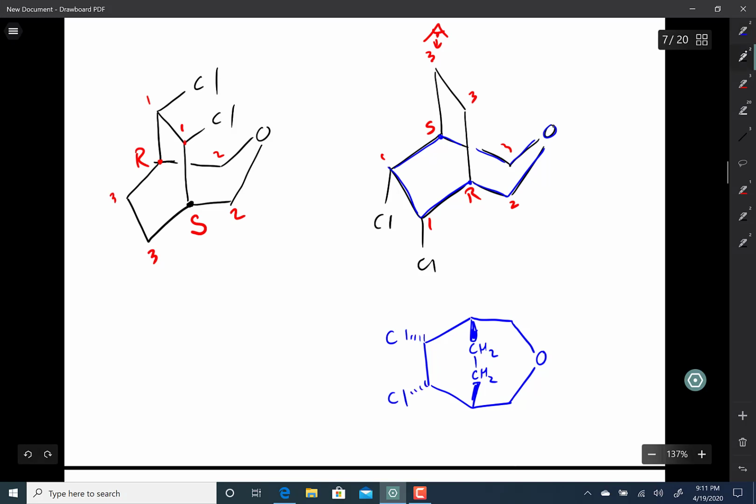And then figuring out R and S on these is pretty straightforward. The chlorine is 1, 2, 3. That's an R chiral center. 1, 2, 3. That's an S chiral center. If you're going to figure out R and S on the bridgeheads, when it's drawn flat like this, what you have to remember is that the hydrogens on the bridgeheads are lines.